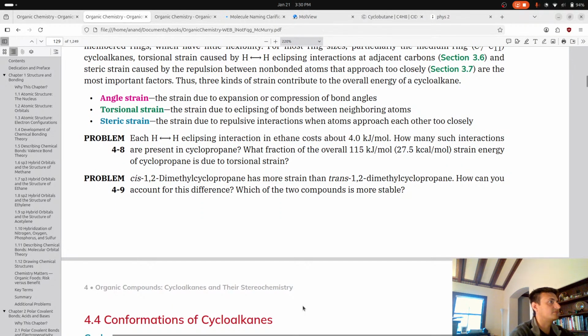I haven't done these problems. Each H-H eclipsing interaction in ethane costs about 4 kilojoules per mole. How many such interactions are present in cyclopropane?